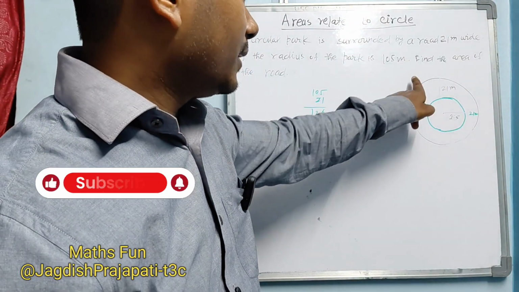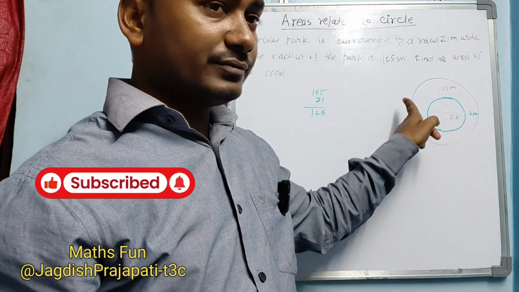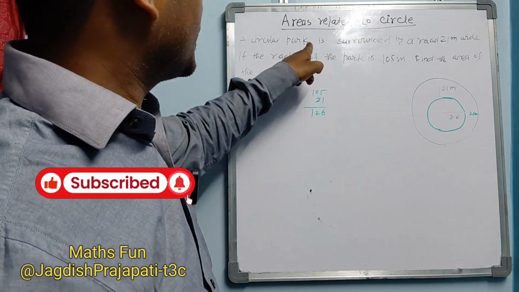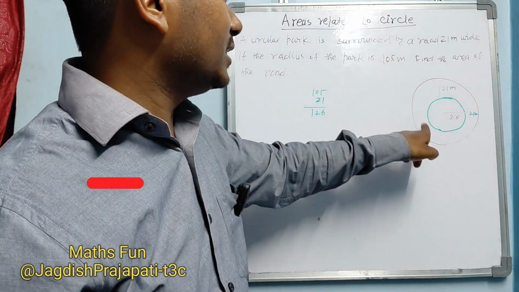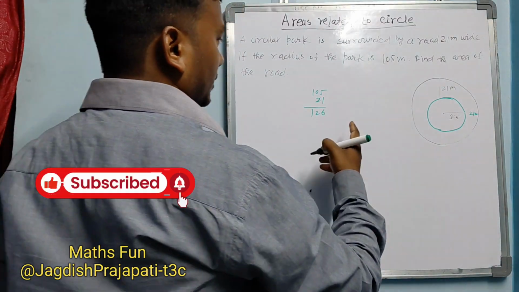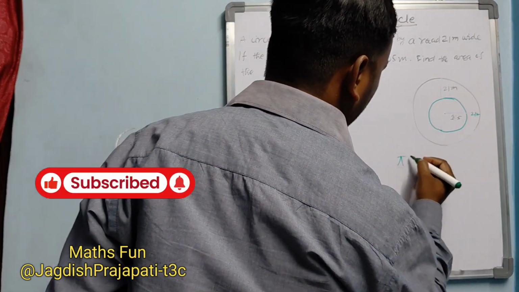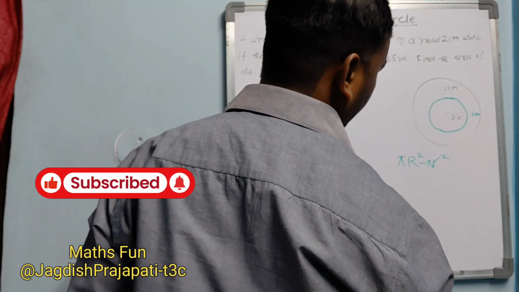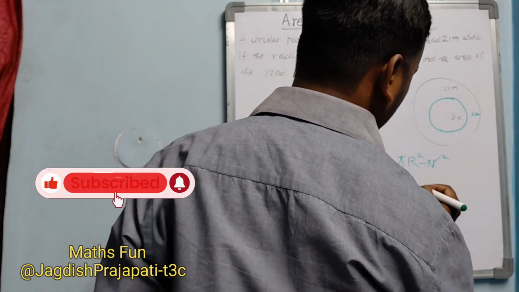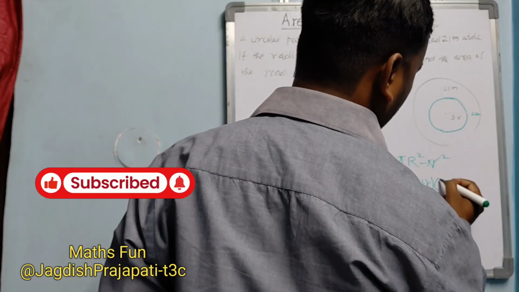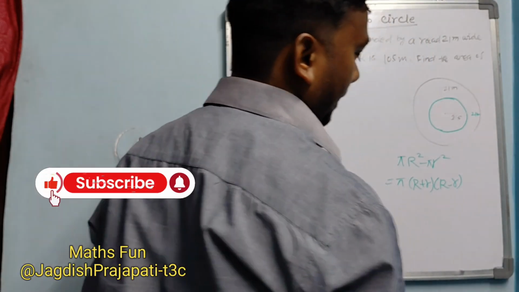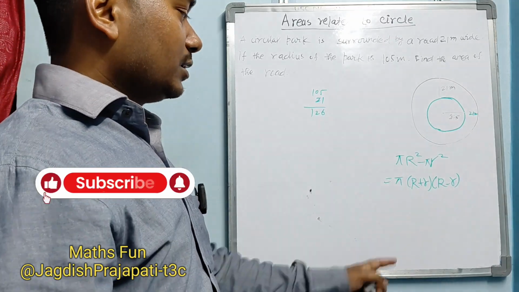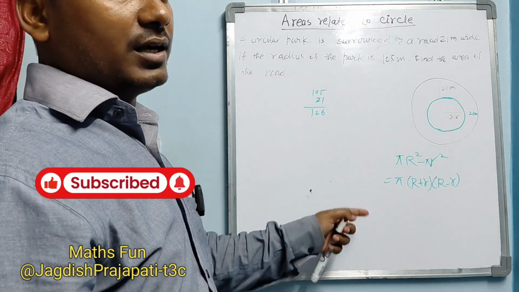Then the area of the road will be pi R square minus pi r square, that is R plus r and R minus r. Use this, put the values here and compute it. You will find the answer.